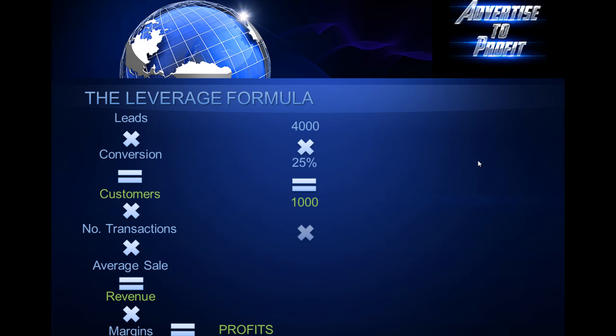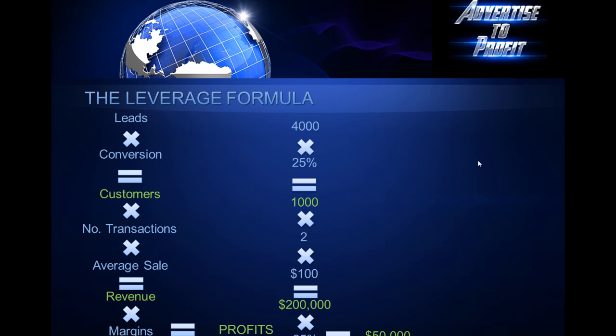Now let's say the average transactions is twice a year, and the average sale, to make things easy, let's make it $100. So that's going to give you a revenue of 200,000. So it's 1,000 times 2 times 100, and then let's say your margin is about 25%. That's pretty average for most businesses. That's going to give you a profit of 50 grand a year.